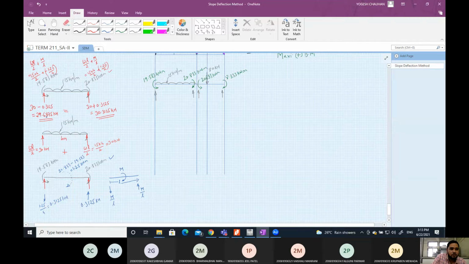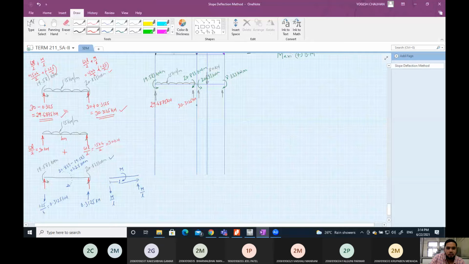Directly you can add them and you will get this value. Okay, this is how you get the value of shear force. So the shear force at this location is 29.6875 kilonewton. At this location it is 30.3125 kilonewton.